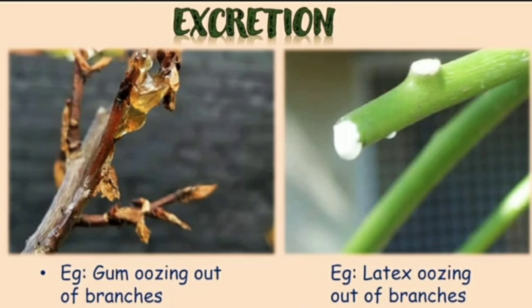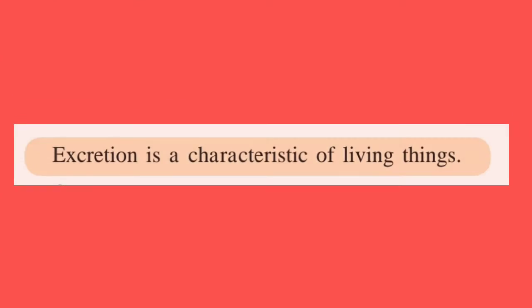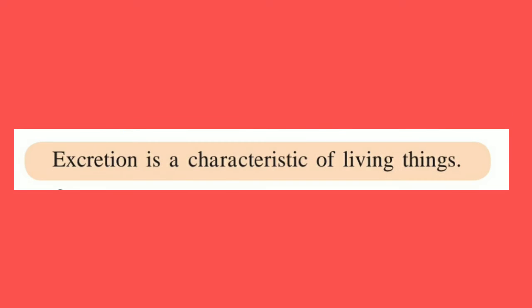And you must also have observed latex oozing out of the branches, right? The white milky thing which oozes out of the branches. Yes, this is also one of the ways of excretion in plants. So what can we say here, children? That excretion is a characteristic of living things.